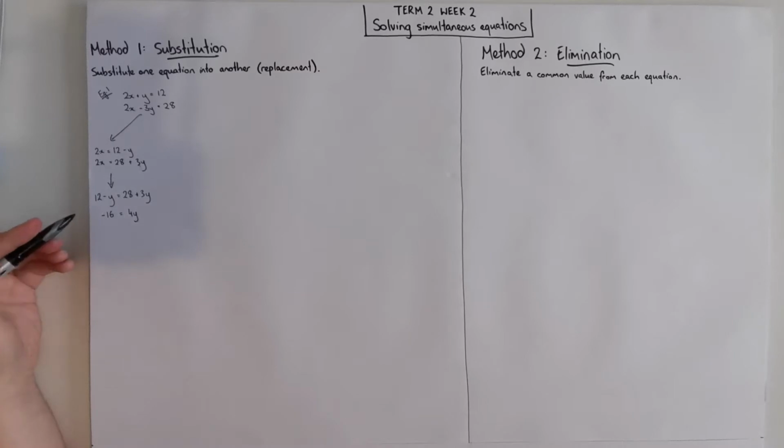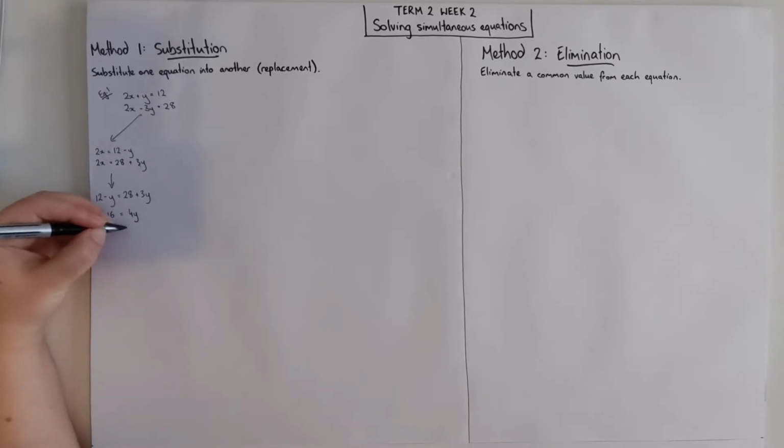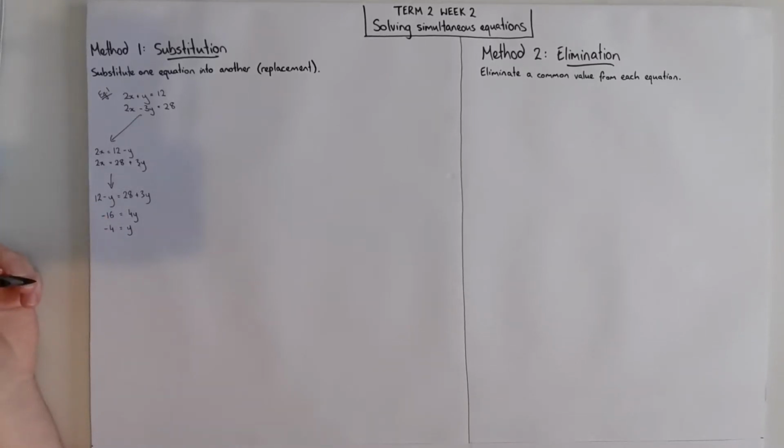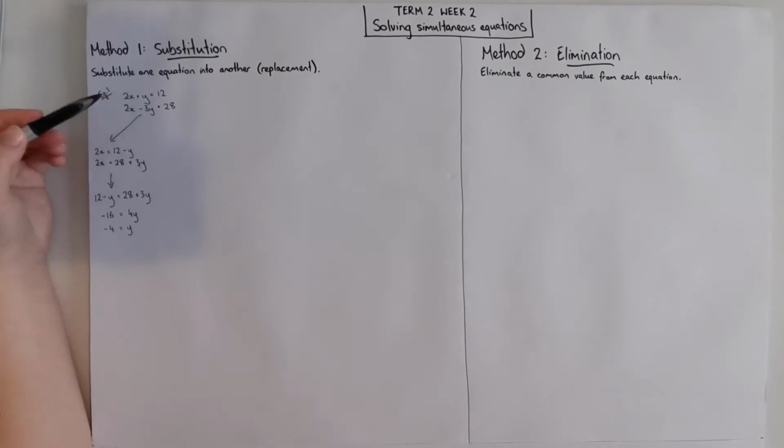Much simpler. My final step in this process is to get y equals, so I need to divide by 4. Negative 16 divided by 4 leaves us with negative 4, and that is y. Now I'm not actually done yet. That was the final step of this part. But I also need to find what x equals, because I had two variables to begin with.